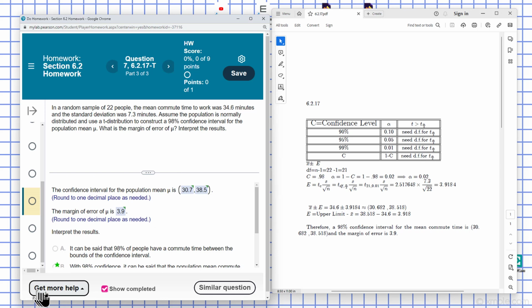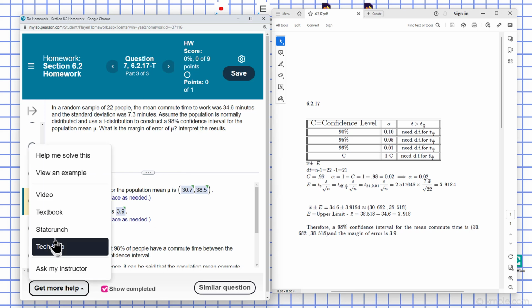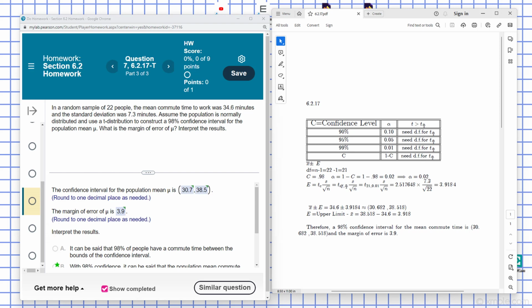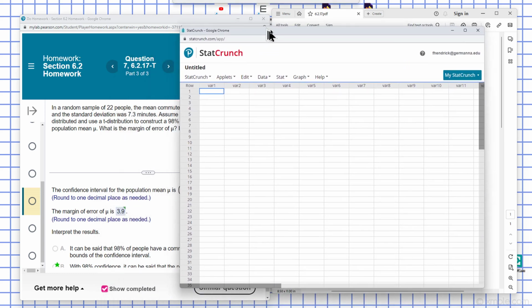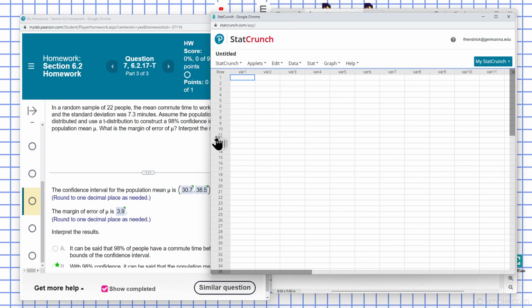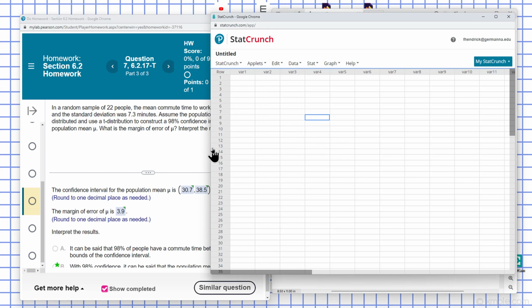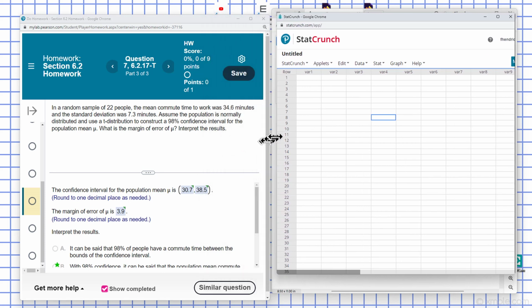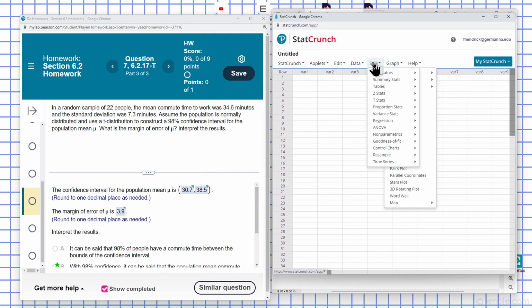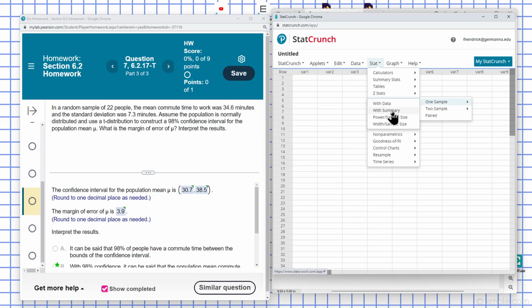You can also do this on StatCrunch. Go to StatCrunch again. Stat, and I guess it'll be stats, one sample with summary.